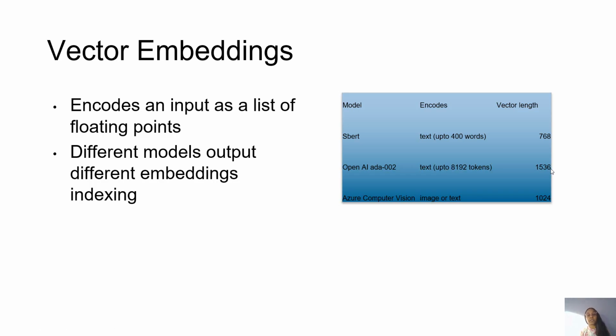And Azure Computer Vision takes either image or text, and the vector length is 1024. In recent years, several embedding models have come up based on these LLMs. OpenAI ADA is one of them, and Azure Computer Vision can encode image or text.